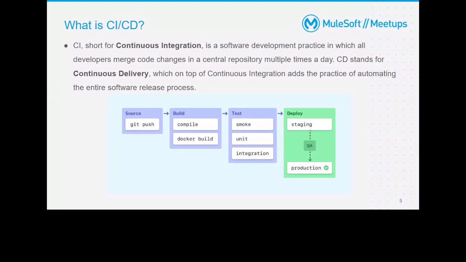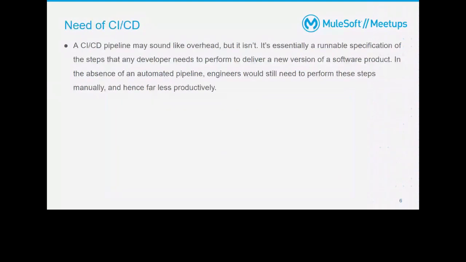Now, what is the need for CI/CD? See, we are living in a world where agile has become the norm, right? So there we need some tools or methods via which we can create and deliver our code faster. CI/CD helps in doing that. Of course, CI/CD sounds like extra work.